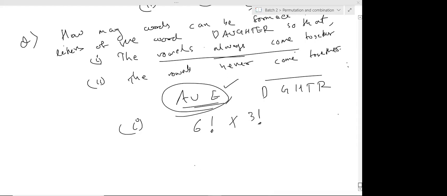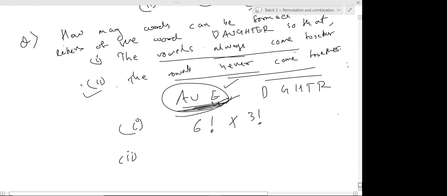Absolutely right. In the second part, the vowels never come together. That this positioning is never acceptable. Right. So what we can do is, if we arrange all the letters and subtract the number of the words where the vowels are always together, then we'll get the answer to the second part.